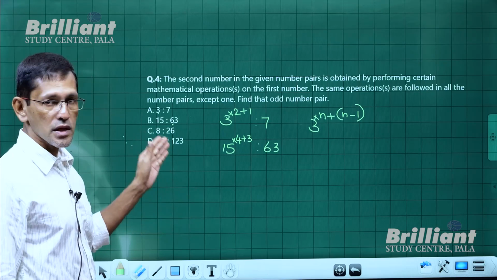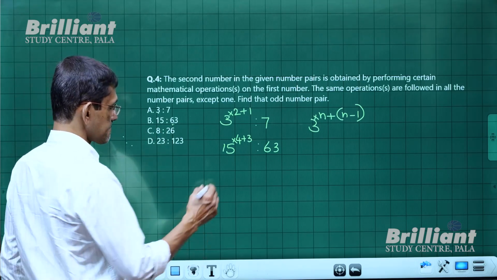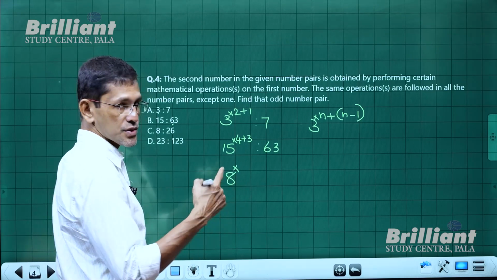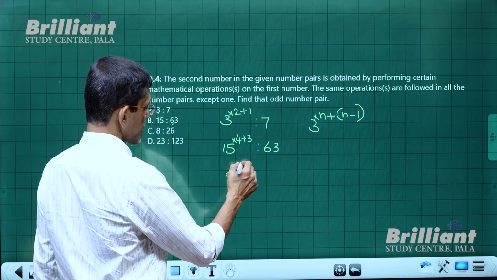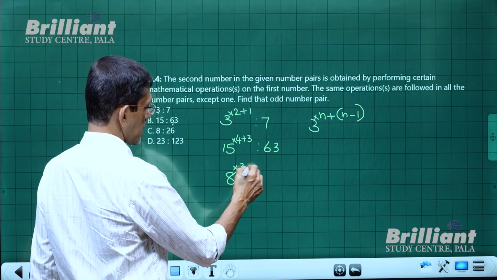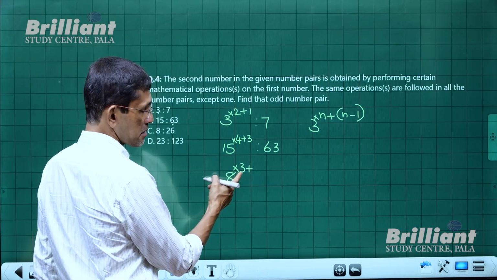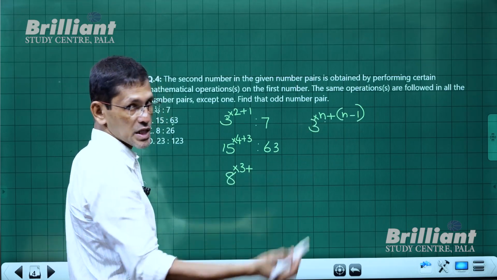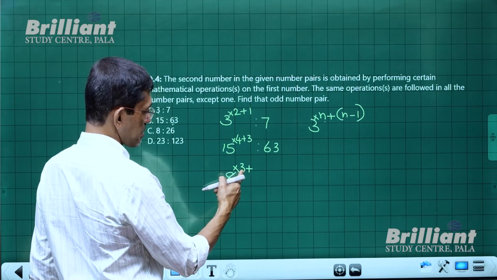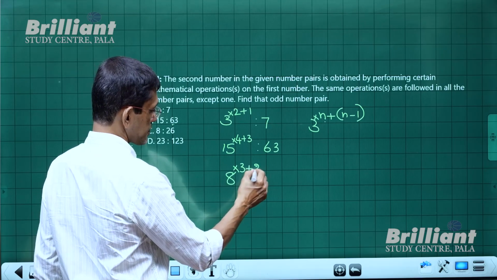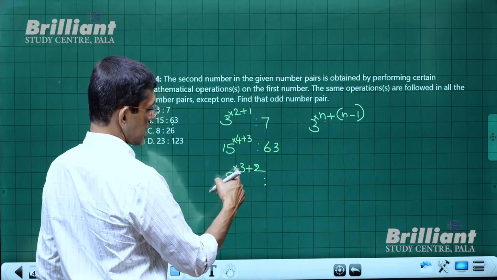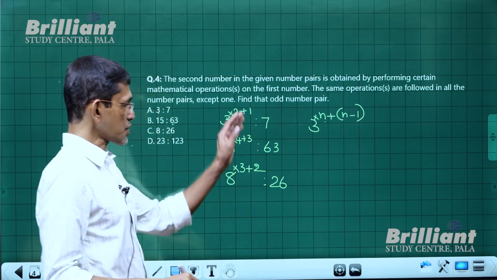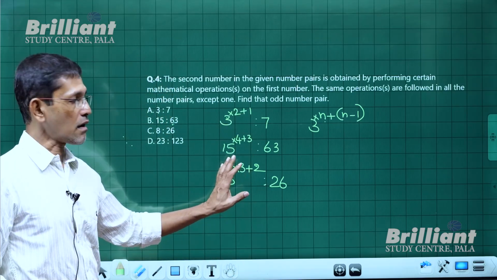So we have to look at the other pairs as well. 8 into how much is 26? 8 into 3 is 24. So multiply by a number, then n minus 1 must be added. So multiply by 3, then 3 minus 1 is 2. So what do you get? 8 into 3 is 24 plus 2, 26. Good.